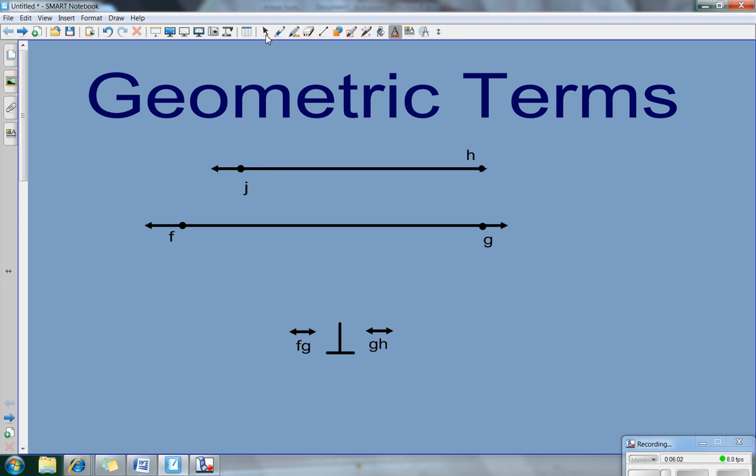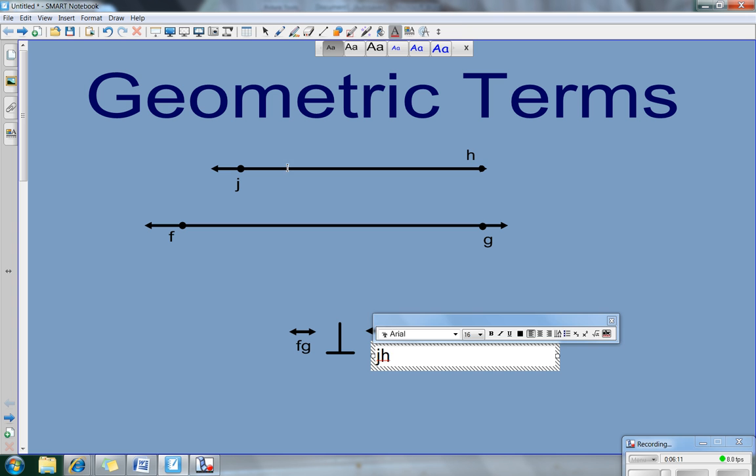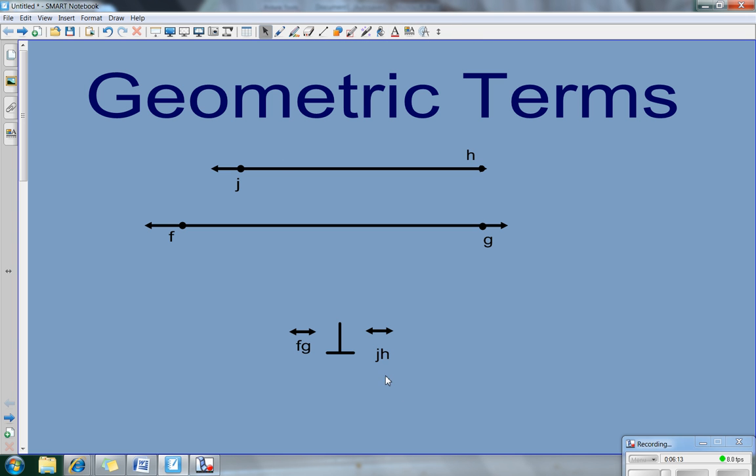So if you look at my new lines here, I changed the name of that one now, because now it's IJ or JH is parallel to FG. My symbol for parallel is two lines going straight up and down.